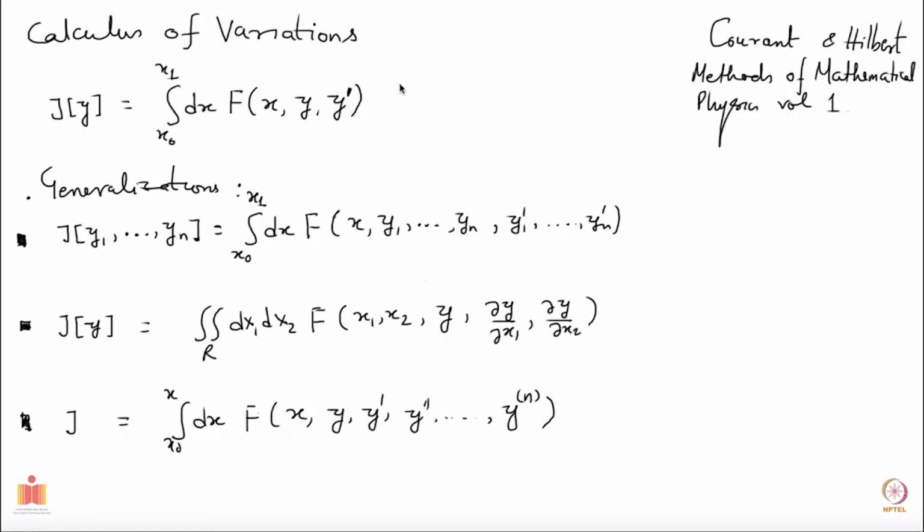Let's begin with our first one, the simplest one, and try to see what curve y will give the extremum for J. That's the question we want to ask. Let's see how to proceed. Let me write it down again.